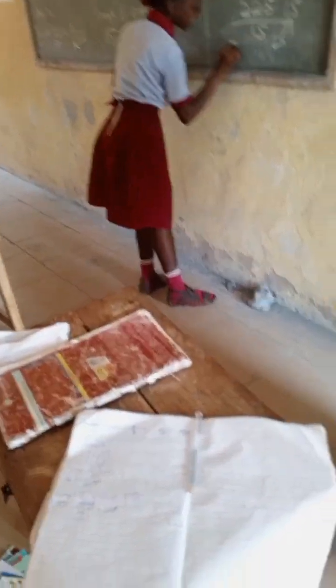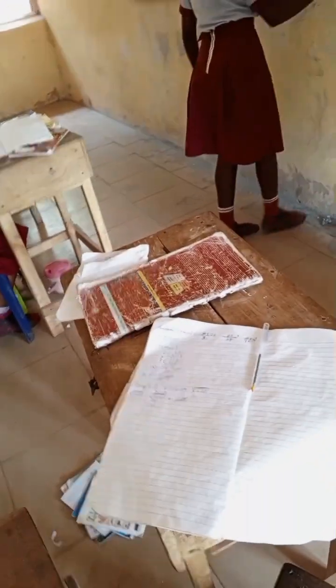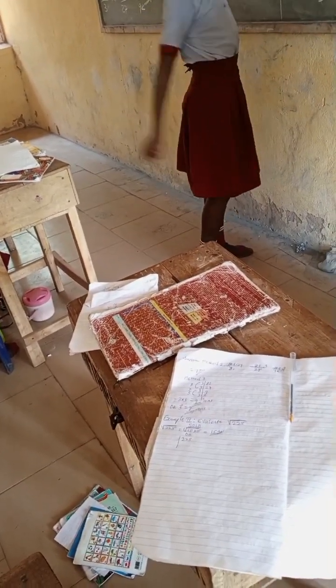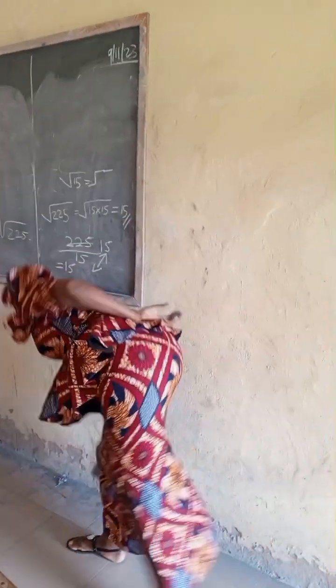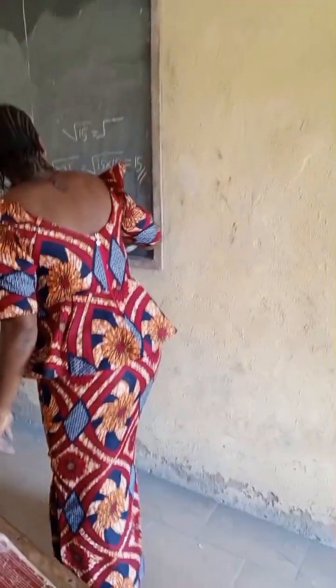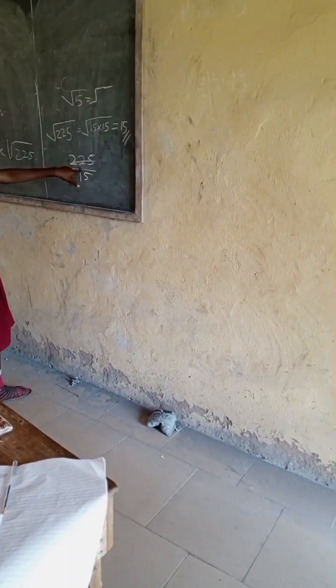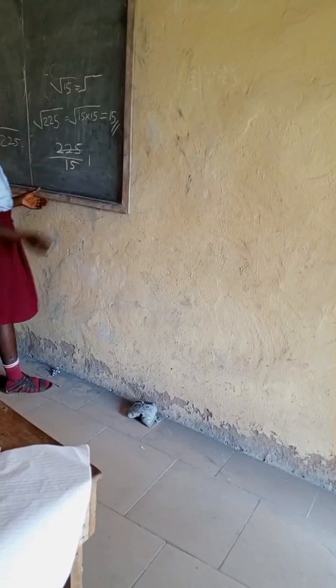Are you sure? How did you get 15 immediately? Because you know it before. Divide 225 by 15. How do you know it's 15? 15 times 15. No, you will divide it so that you will understand it now. 22 divided by 15, you get 1. Good.